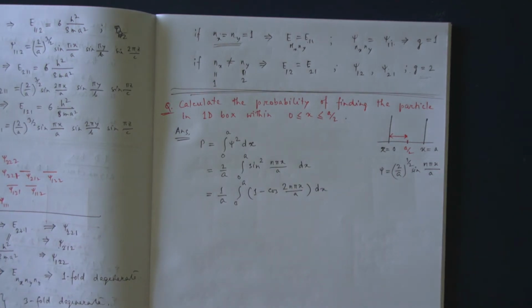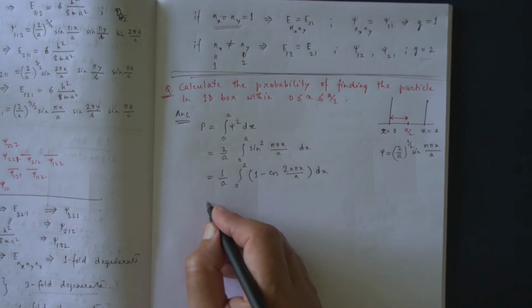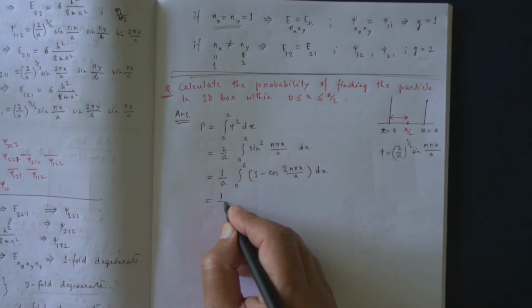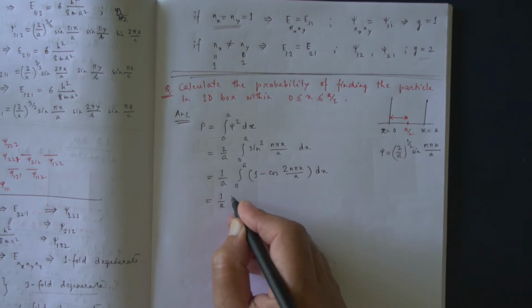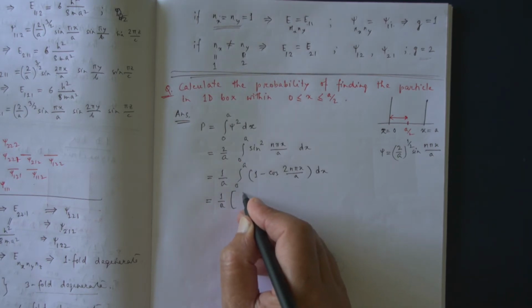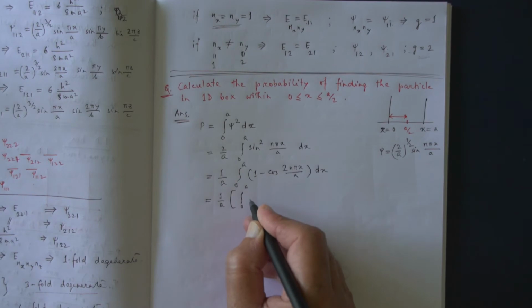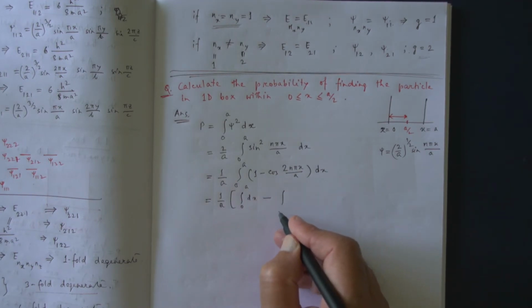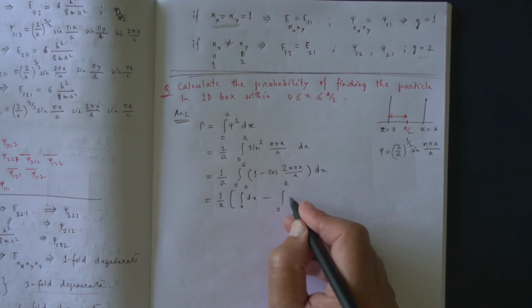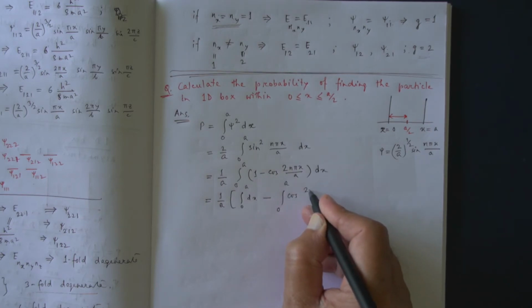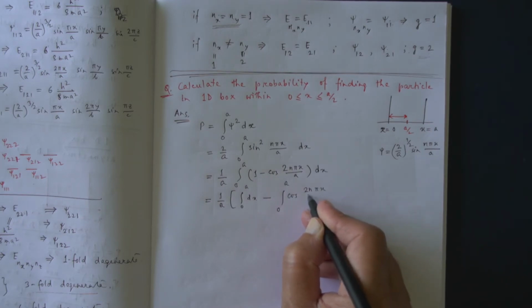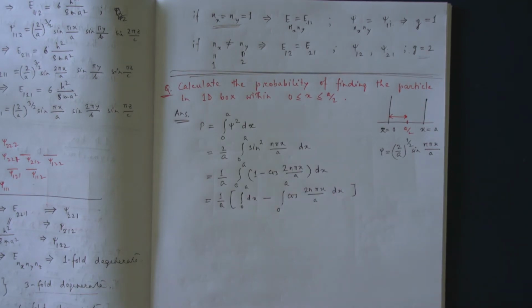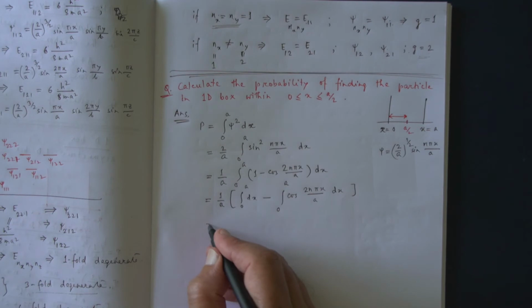So this will be 1 by a, integral 0 to a of dx minus integral 0 to a of cos 2 n pi x by a dx.